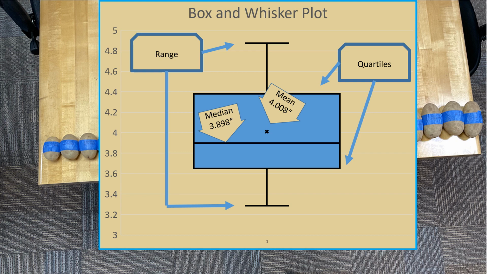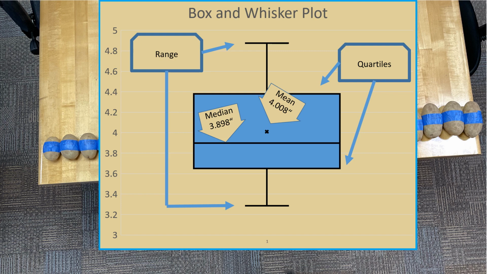So notice those 6 smallest potatoes, the ones in the bottom quartile, between the bottom whisker and the bottom of the box. That range is narrower than the range of the 6 biggest potatoes, which are spread out over a bigger range of lengths.